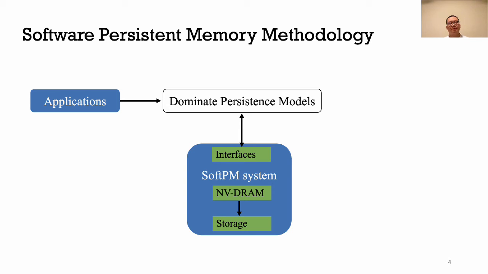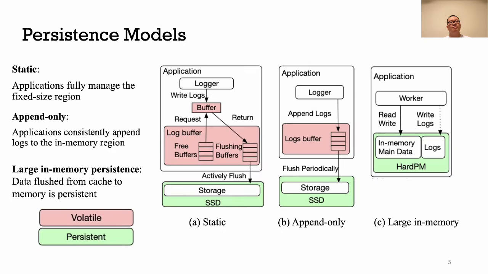And in this work, we design and implement the SoftPM system, which will manage the hardware, including the NVDRAM and the backend store. And also it will provide a set of interfaces for different persistency models such that they can easily use the SoftPM system with fewer code changes.